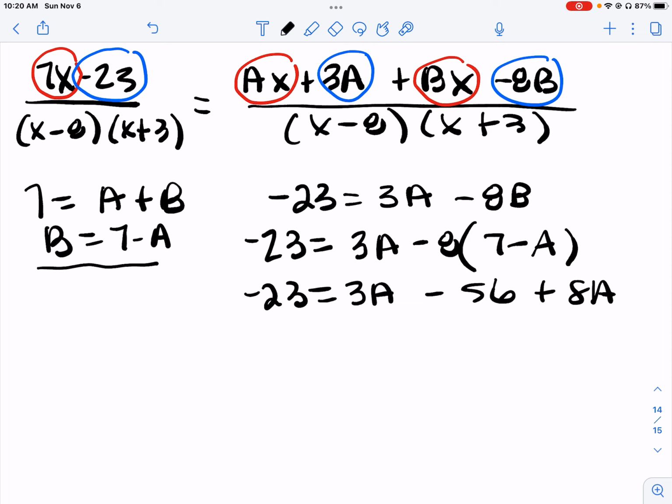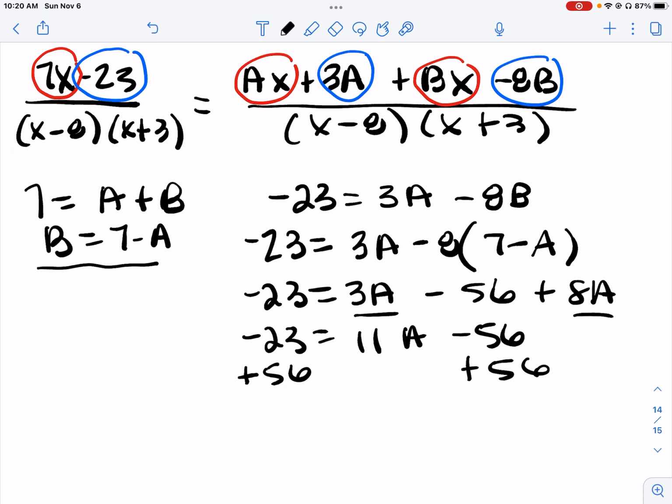Combine the like terms, 3a plus 8a. Solve for a. So we get 33 equals 11a. So a equals 33 divided by 11, which is 3. So that means b equals 7 minus 3, which is 4.